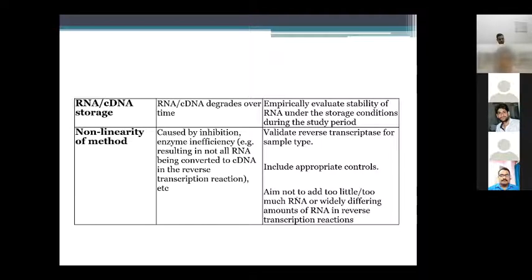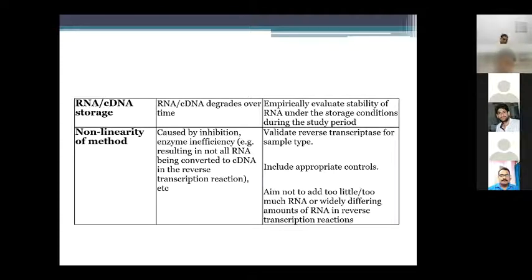You first calculate with the NanoDrop and then go for the formation of cDNA. If you add too much or too little RNA, it may be that not all the RNA is converted into cDNA during the reverse transcription stage.